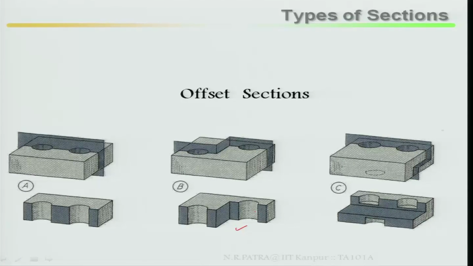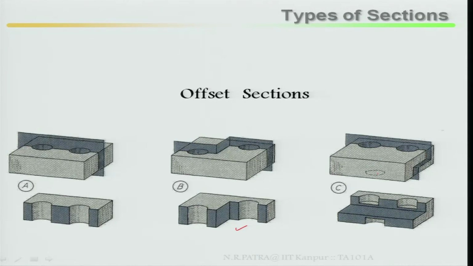Then example 3, or object C. There are two holes, at the rear end and the front end, and there is a hole which is not throughout. From the bottom it goes up to here, but at the top you are not seeing it.